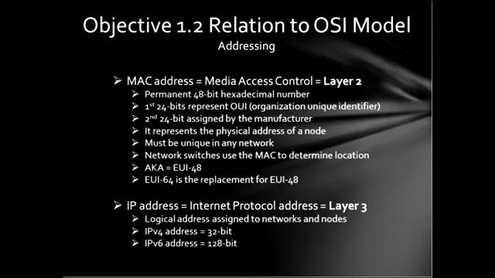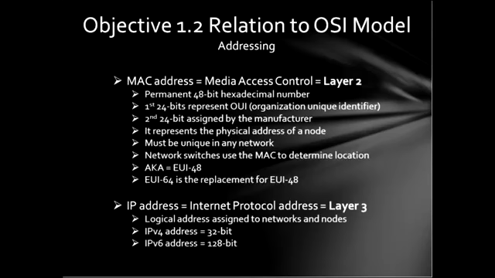The first 24 bits of the 48 are your OUI, your organizational unique identifier. The second 24 bits are usually assigned by the manufacturer, and a lot of the time they just use the serial number and make it a 24-bit number and stick their OUI on the front, and voila, you have your MAC. And it does represent the physical address of the node.